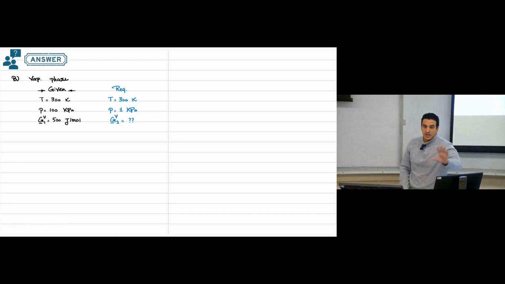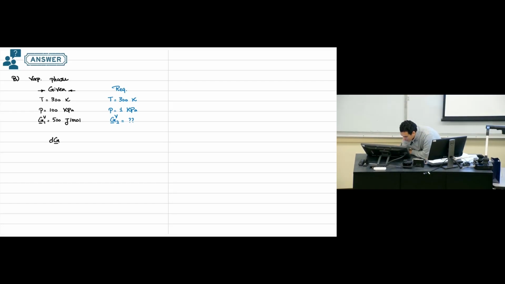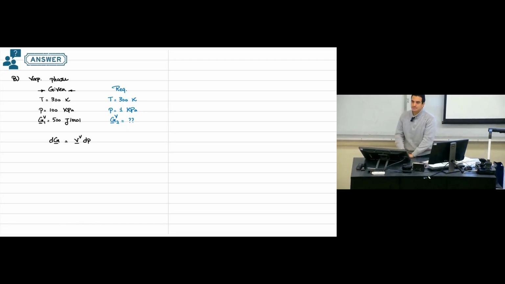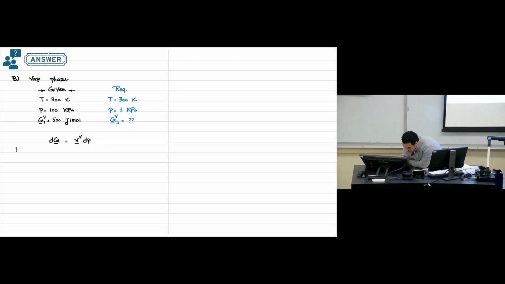So we'll do the same. Again, we have the total derivative from chapter 6. Then we have dG is VdP. But this is the volume of vapor, not liquid. So integrate this equation.